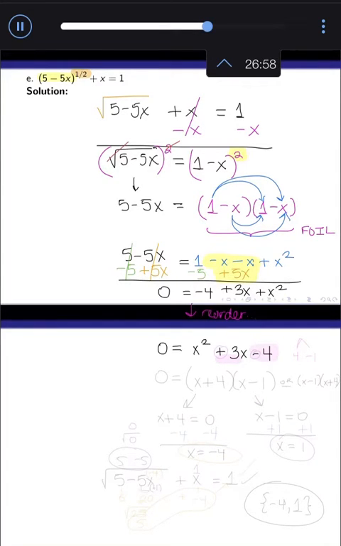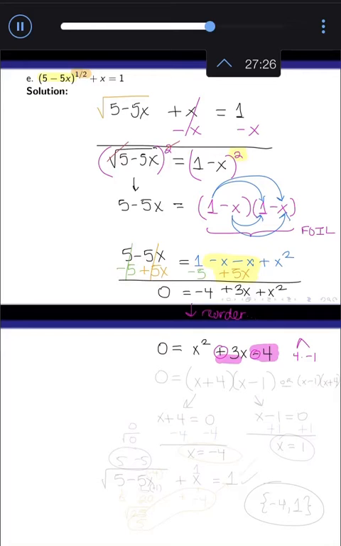But it does factor. You'd be asking, what 2 factors of negative 4 add up to a positive 3? Well, that's a positive 4 and a negative 1. Positive 4 times negative 1 will give you the negative 4, but when added up will give you a positive 3.